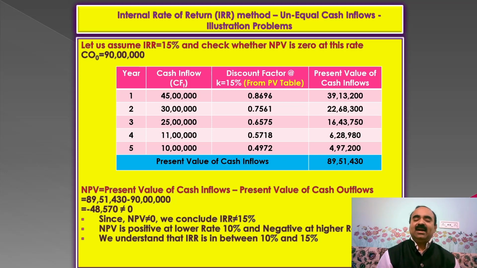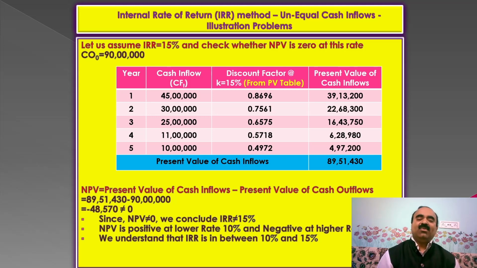Here in the 3rd column of the table, under discount factor at k is equal to 15%, I had taken present values at k is equal to 15% from the PV table. I had multiplied 2nd column values with 3rd column values in order to get 4th column values.